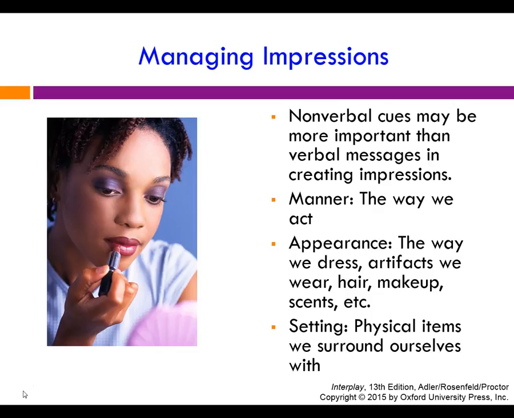Some common artifacts that we may use are backpacks, purses, and jewelry. There are huge industries for each of these items because manufacturers realize many people use these items as an expression of nonverbal messages and expressions of identity. They communicate messages of wealth, status, power.